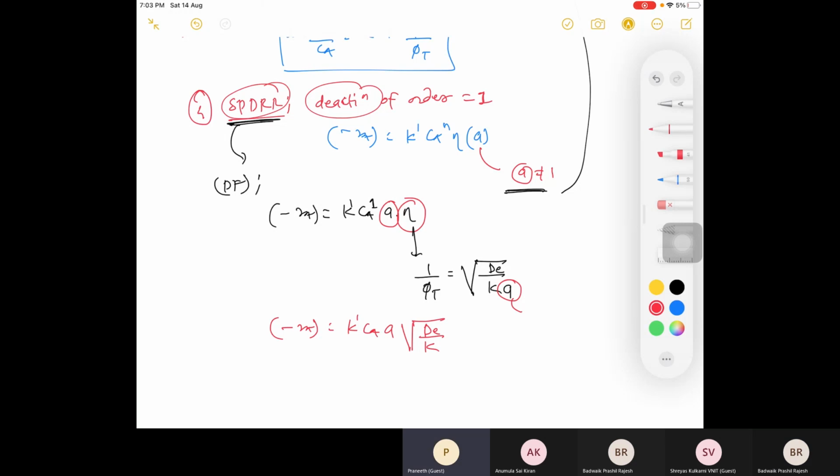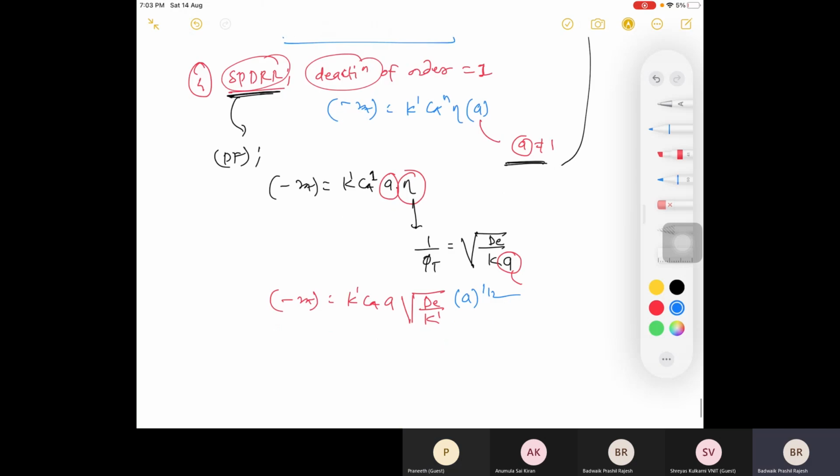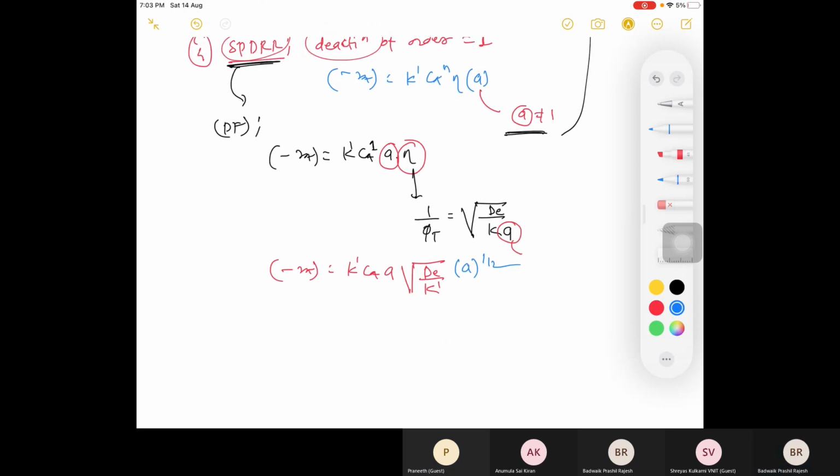Yes, sir. K dash. Okay. Then there will be what? Activity to the power half. Right. It's correct now. Minus half, because it is in denominator. So your equation will be K dash CA activity to the power plus half, this DE divided by K dash.